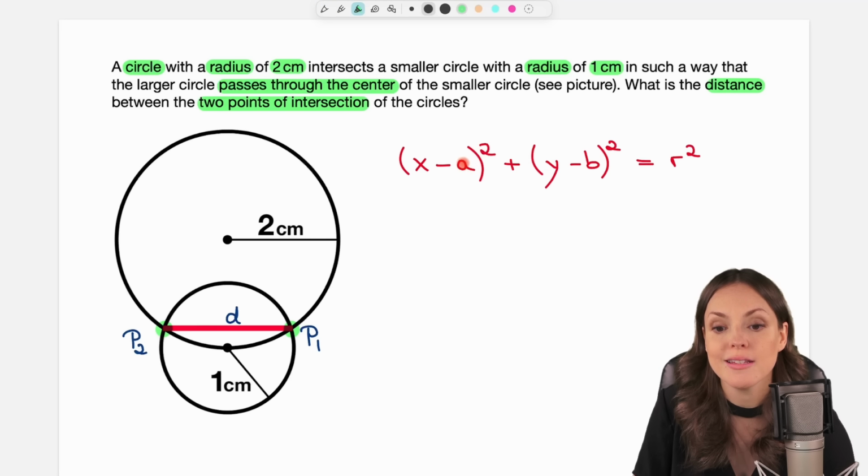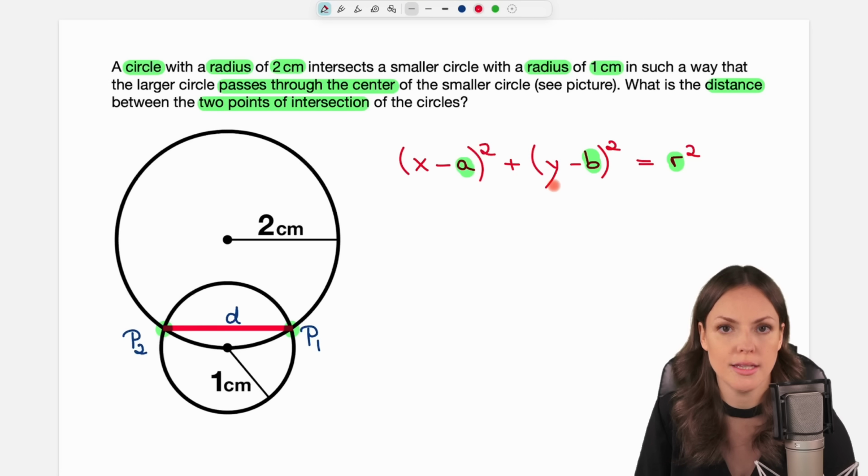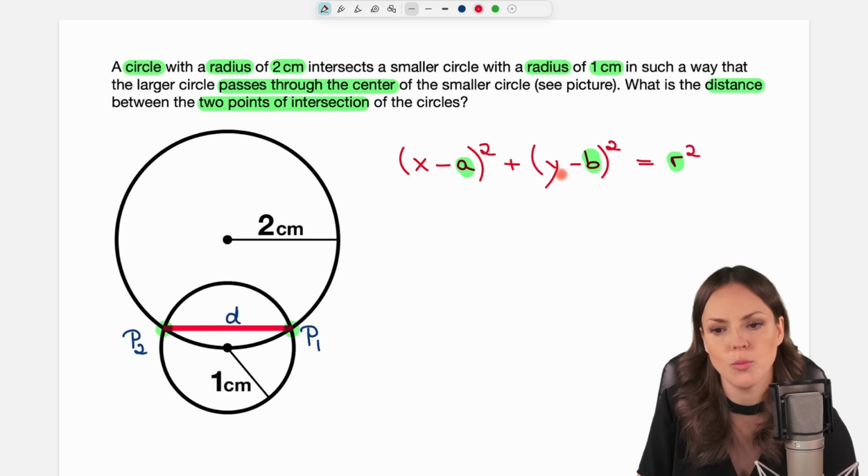Now the question is, what is my a, what is my b, and what is my r? Because for x and y, we don't insert anything. They just stay x and y in this equation, but we have to find numbers for a, b, and r.